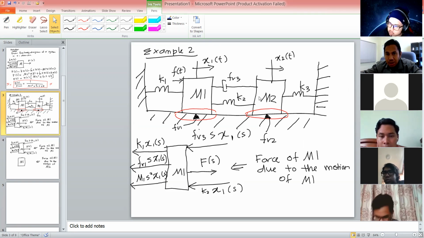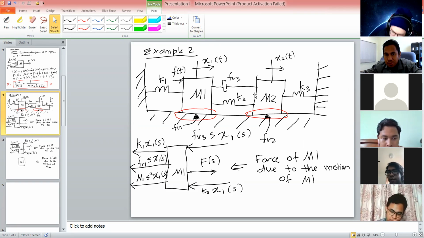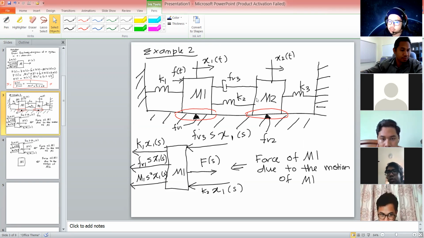Now we need to find the link between M1 and M2. What is the link between M1 and M2? FV3 and K2, right? K2.